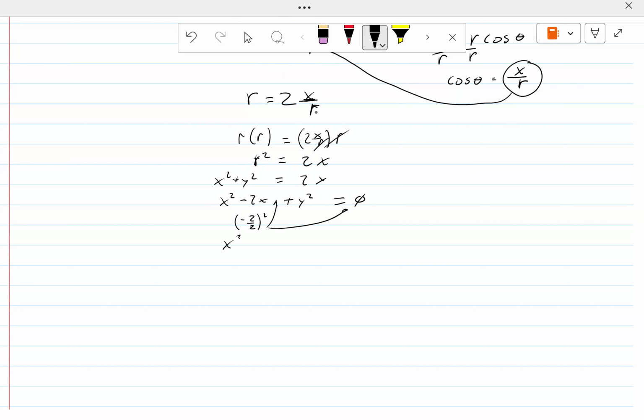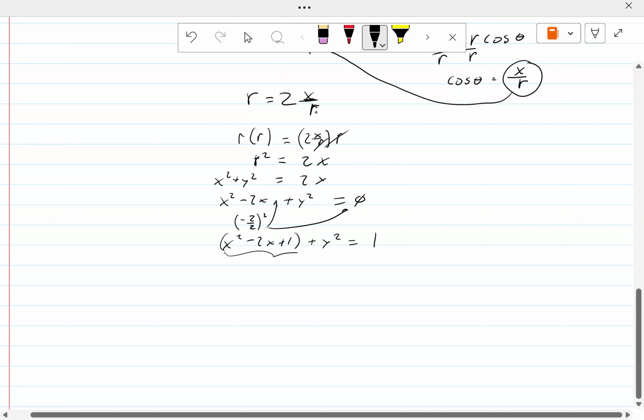I'm going to add that number to both sides, and that number just happens to be 1. So this is x squared minus 2x plus 1 plus y squared is equal to 1. If I factor this, which is why I completed the square, I get (x minus 1) squared plus y squared equals 1.